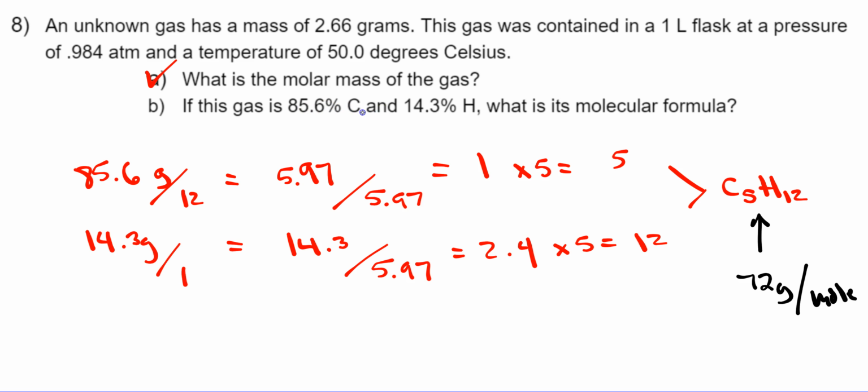So I'd have 85.6 grams of carbon and 14.3 grams of hydrogen. This is from chapter 3, so if you get lost, you can review there. Then you convert them to moles by dividing by their molar mass. So this is moles of C, this is moles of H.